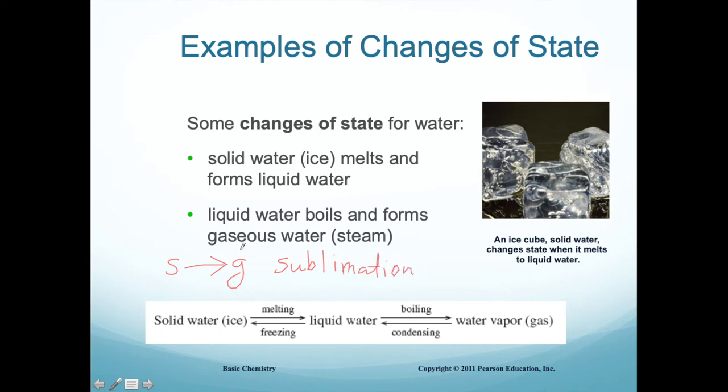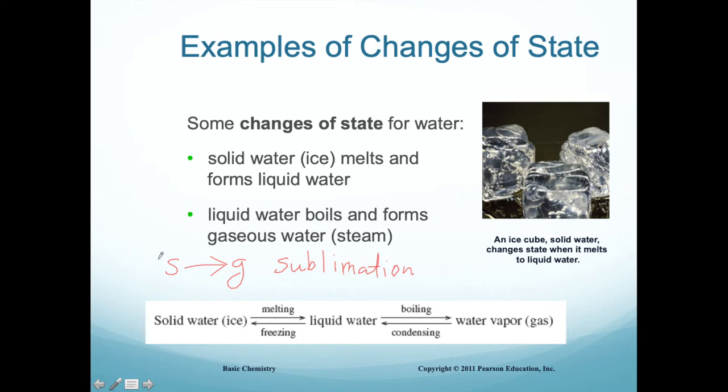So an example of this would be carbon dioxide. It's possible to get solid carbon dioxide, what's called dry ice. You may have seen that in packaging for things that need to be kept really cold. So if you go to a UPS store and you want to send someone food, they'll usually pack it in dry ice, for example.